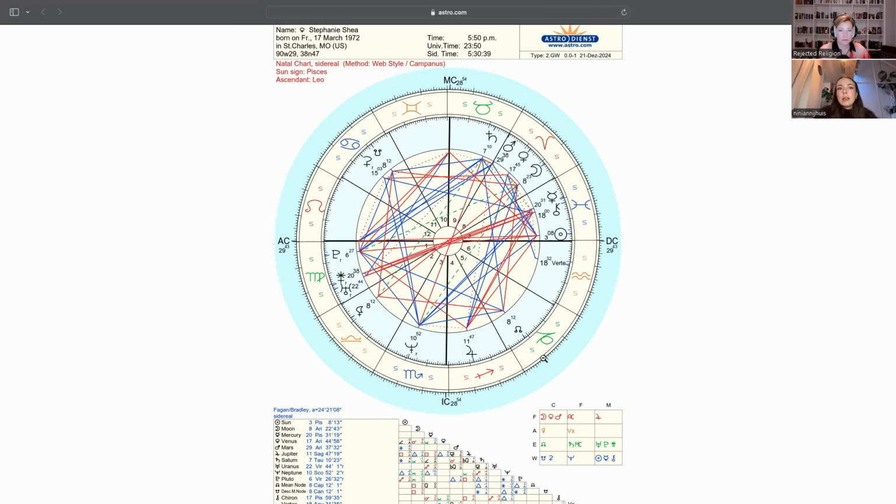The only difference is that this ring shifts. So the outer ring, where the signs are, differs. The planets still overlap. If you have a tropical chart reading, you will hear some of the same things you will get in a sidereal reading. It's just when we're working with the signs that things start to differ a little bit.